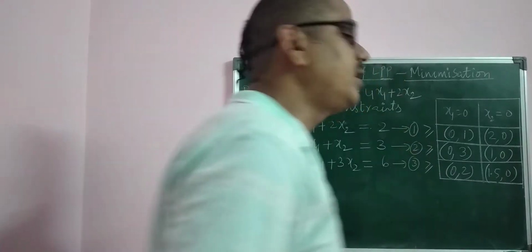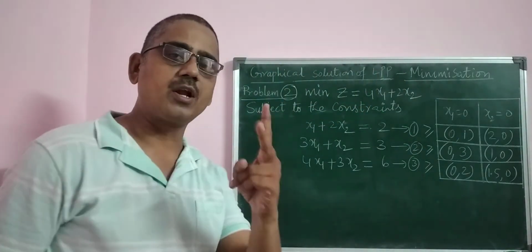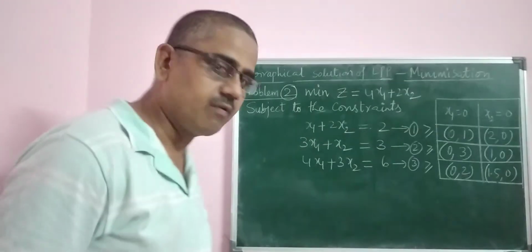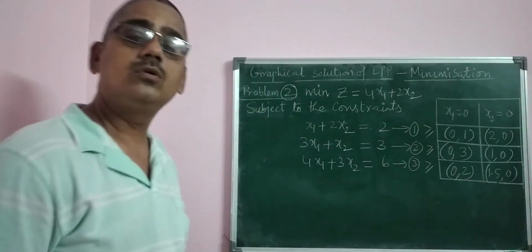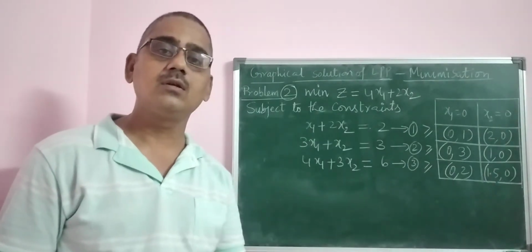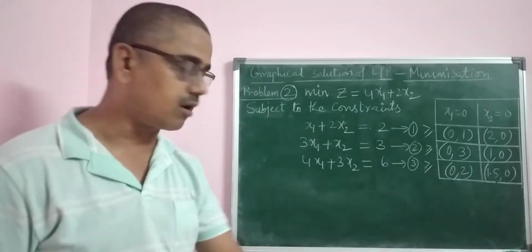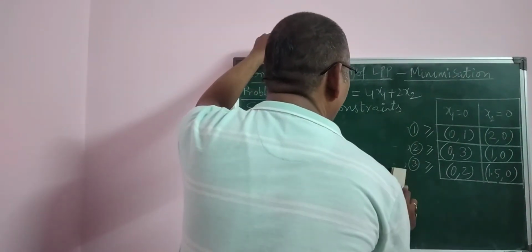So these are the points for each and every equation. We have obtained 2 particular points for all the equations. And now what you have to do? You have to convert each equation and geometrically represent it as a straight line in the graph.